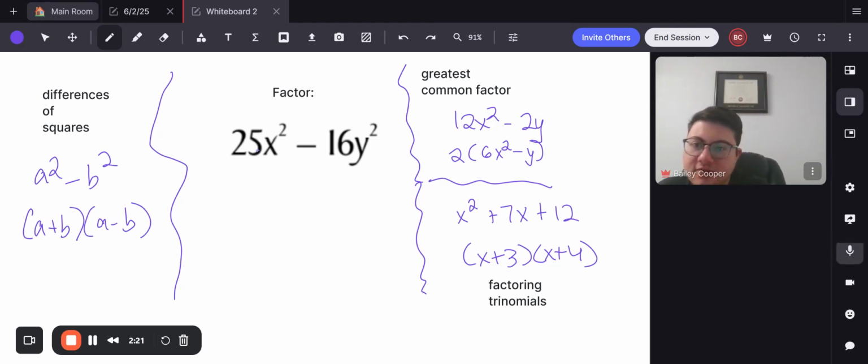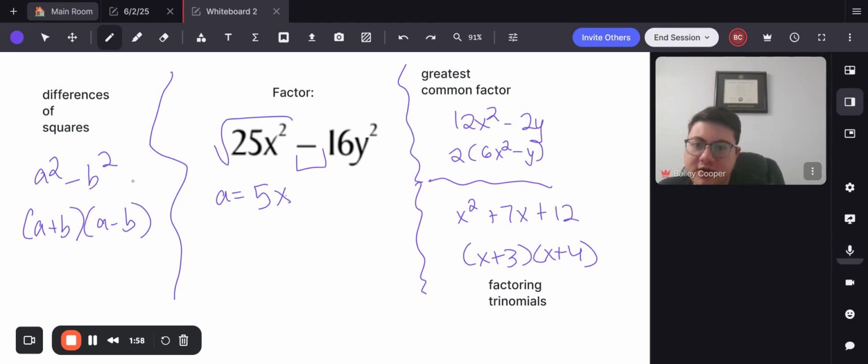So let's take a look. Our a value here would be what you get if you square root the first term, right? Because this goes from a squared to a. So if we square root our entire first term here, square root of 25 is 5, square root of x squared is x. And then we have our subtraction sign that's matching up. That's all good.